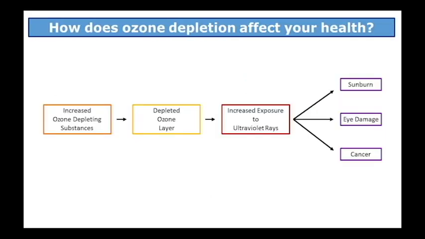What you'll find is that there's a very direct connection between ozone depletion and its causes and the impacts that that has on your health. So for example, in this diagram, we see that increased ozone-depleting substances cause a depletion in the ozone layer, and that results in increased exposure to ultraviolet rays. That, in turn, has major consequences for human health. It causes sunburn, it can cause eye damage, and even skin cancer.